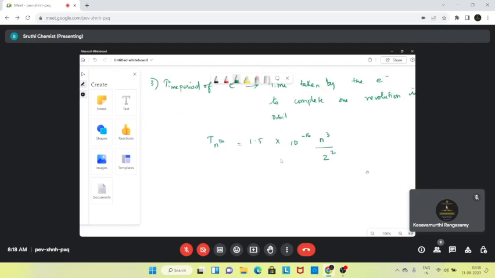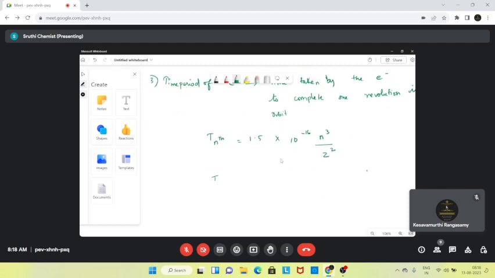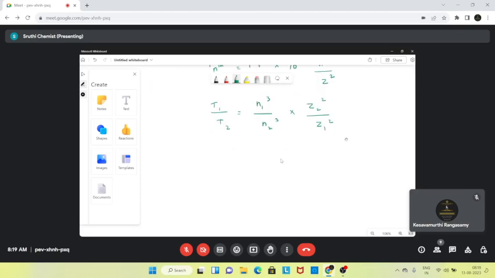If you take a ratio, T1 by T2 is equal to n1 cubed divided by n2 cubed into Z2 squared divided by Z1 squared. The derivation is not important, students; you just have to memorize this formula. There is no other way. Memorize these formulas.